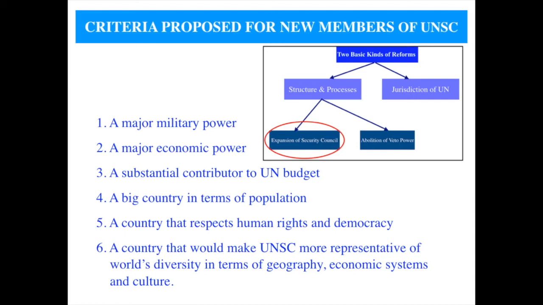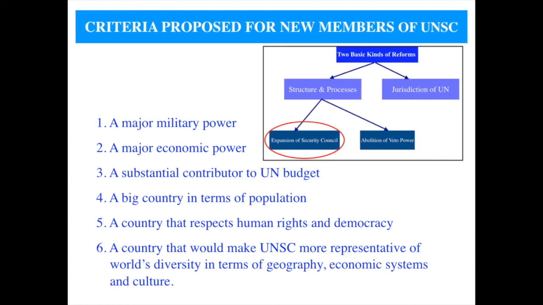And the fifth says that it should be a country that respects human rights and democracy, and it also should be a country that would make the United Nations Security Council more representative of the world's diversity in terms of geography, economic systems, and culture. Now, although these are the proposed criteria, there were problems in these when it came to implementation. Okay, we'll do that later.